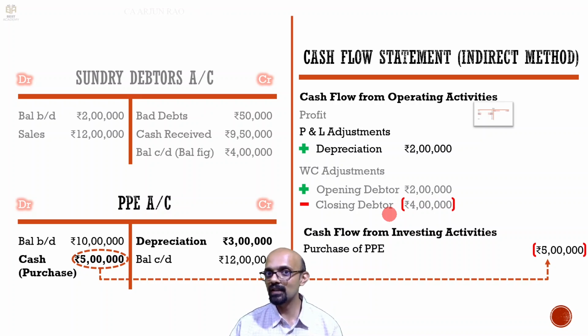So that logic we have seen, and also why we adjust certain expenses or incomes, because those cash flows we are showing directly, right? I hope this video will make your learning of cash flow statements more enjoyable, and you are very clear about the logic, especially of the indirect method.